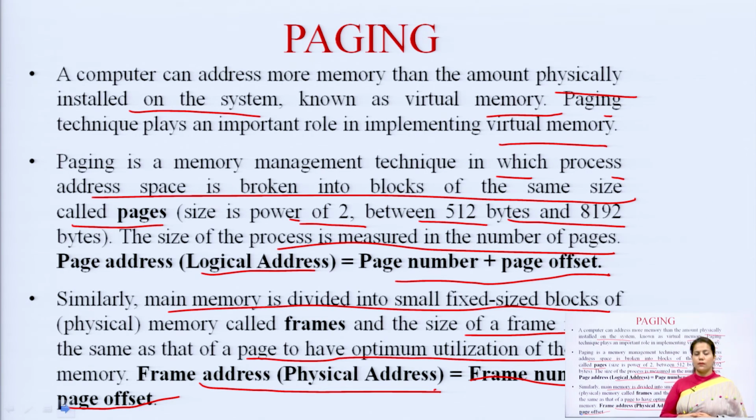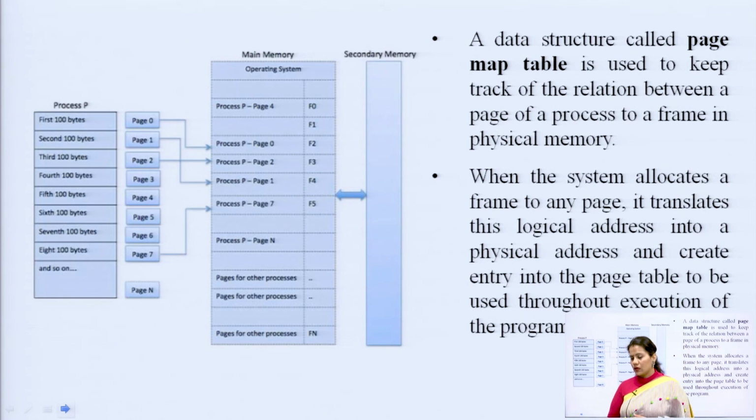In this way the paging scheme makes memory more efficient by dividing the logical memory space into pages, dividing the main memory into frames, and mapping these pages and frames together.